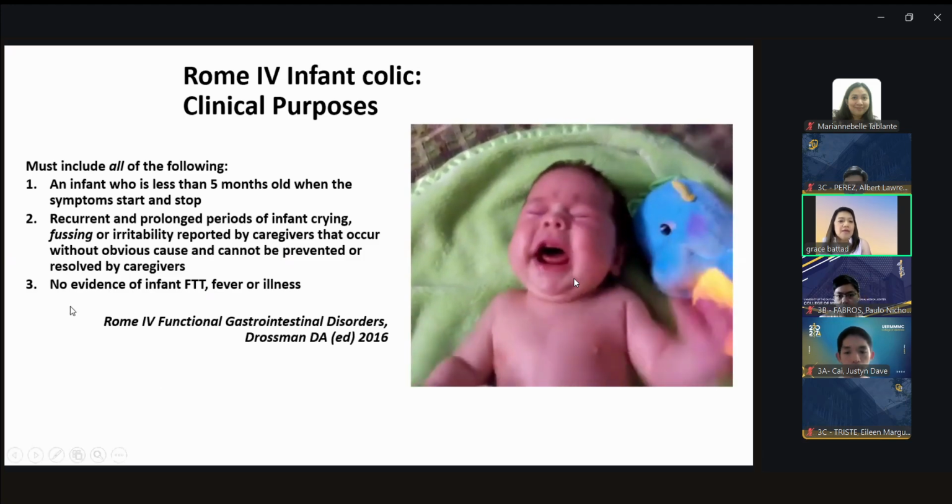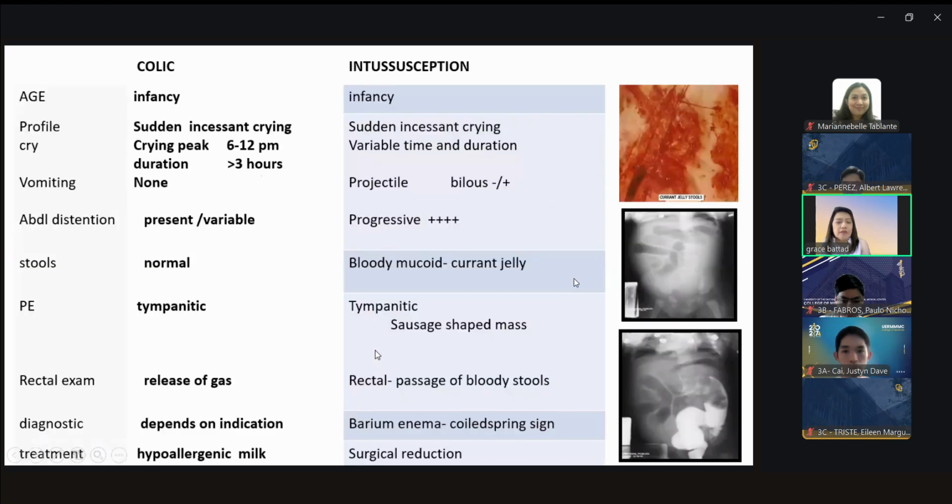But upon PE, you might be seeing a child who is healthy, with no failure to thrive, no fever or illness. So colic is also one of the differential diagnoses of intussusception, because they belong to the same age group of infancy.